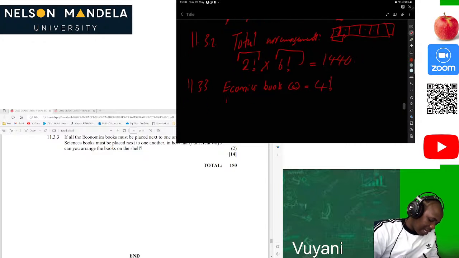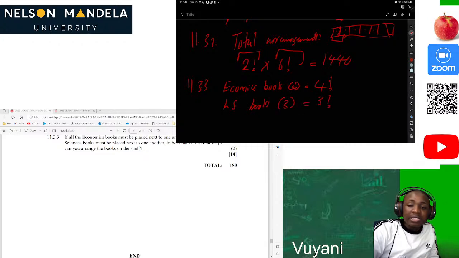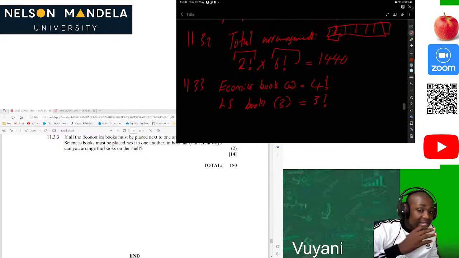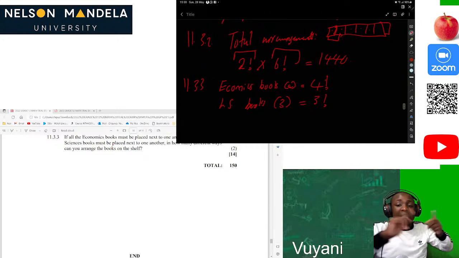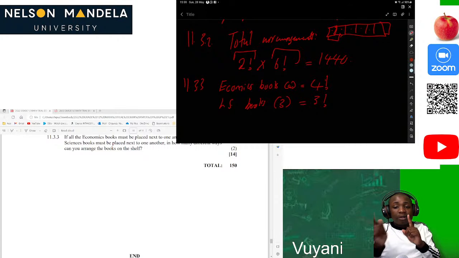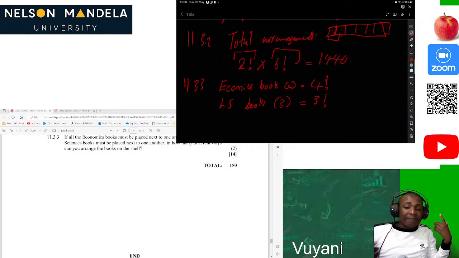Then we know that life science books are 3, and they can also be placed in 3 factorial different ways. You can place 1, 2, 3 or 3, 2, 1 or 2, 1, 3 in a different way. So that's why I'm saying it's 3 factorial.